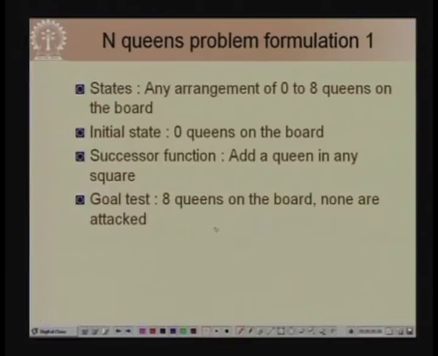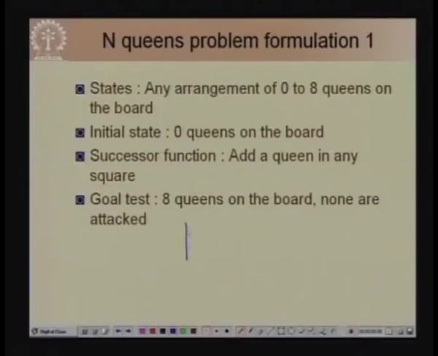So, a state is any arrangement of less than or equal to 8 queens on the board, specified by the positions of the queens which are currently on the board. The initial state is no queens on the board. The successor function is add a queen in any square.